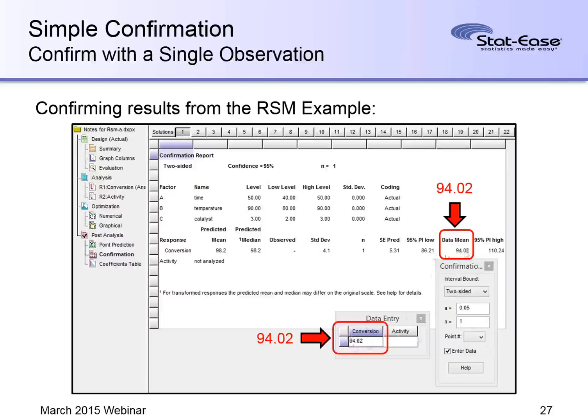Because 94.02 is in our 95% prediction interval, we don't have a reason to believe that this model isn't valid going forward. A fresh, independent run that was not used to build the model agrees with what the model is predicting. So we have some evidence, and can be somewhat confident that these results will hold true in the future.